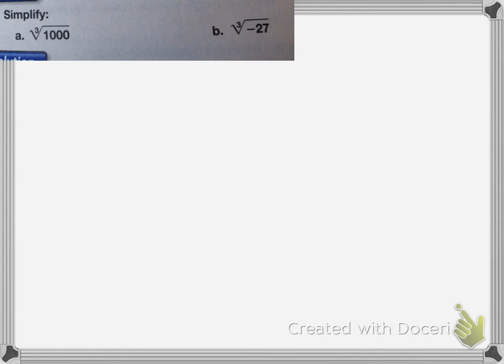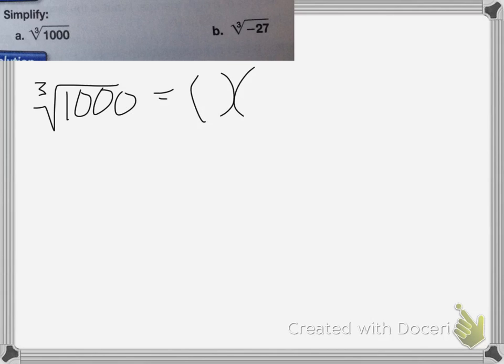Then we also have what are called cube roots. That's going to be a symbol other than a square root. Remember, cube means it has to have 3 numbers multiplied together. So the cube root of 1,000 has to equal 3 numbers multiplied together which equal 1,000.